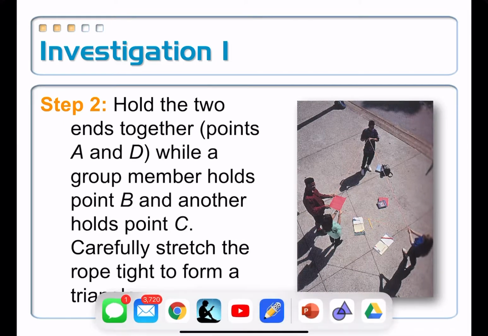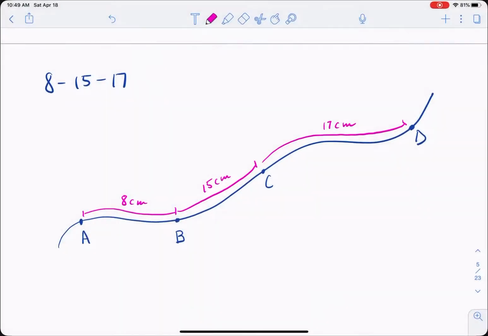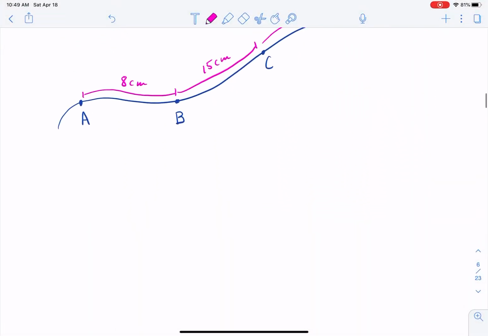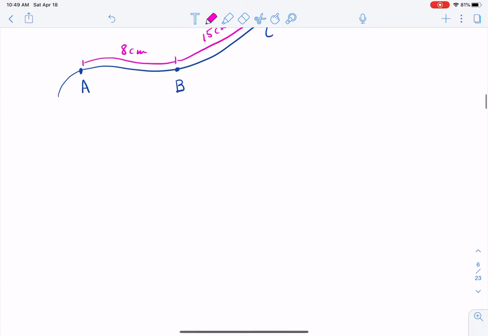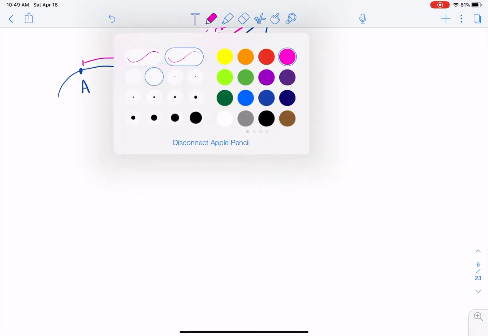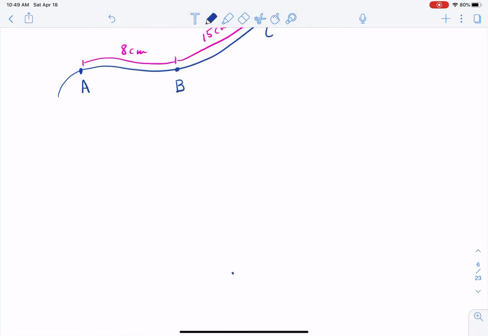So here, I'm going to go back over here and draw this out for you a little bit more. So let's say I have my string, and I'm going to put point A and D together. So maybe it looks sort of like this.